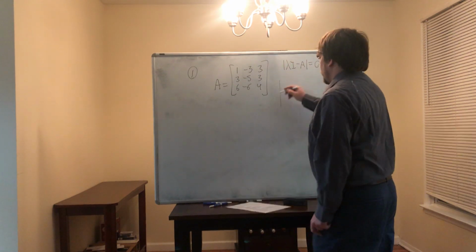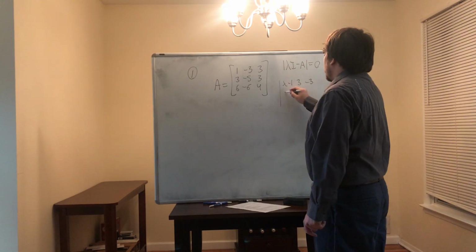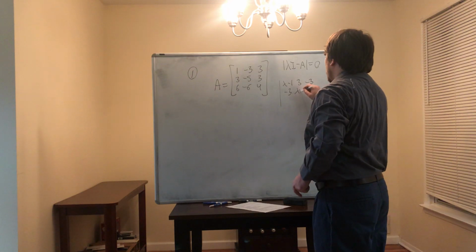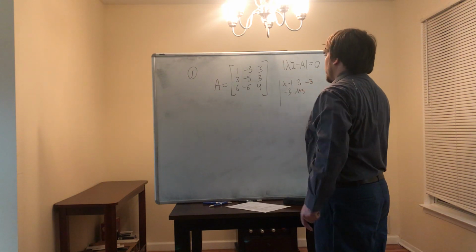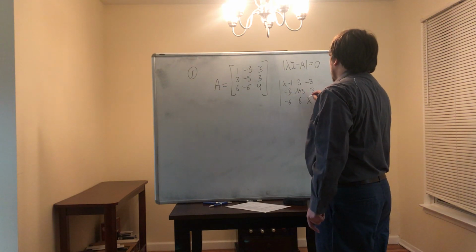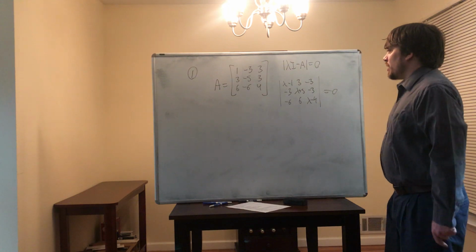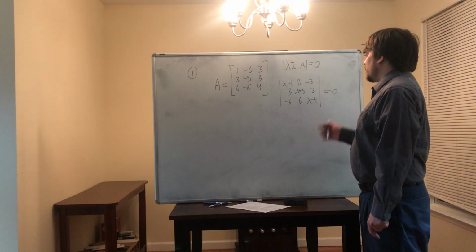The determinant of lambda I minus A is the determinant of this matrix, where you take the negative of each entry and you add lambda to the main diagonal entries. And that's equal to 0.